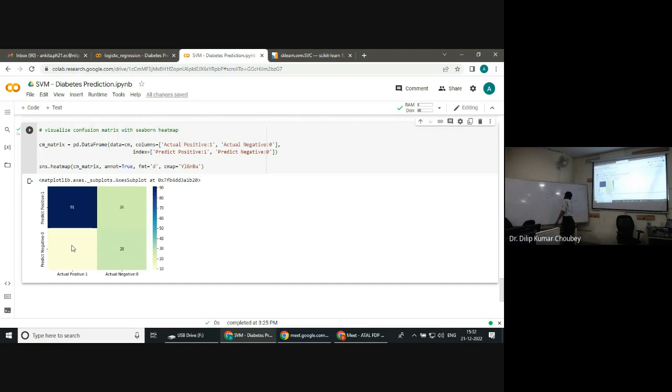Y is some function f, or usually they denote it by a function phi of V, where phi is a non-linear function. And the basic theory of neural networks says that, remember this, I just said it for SVM.